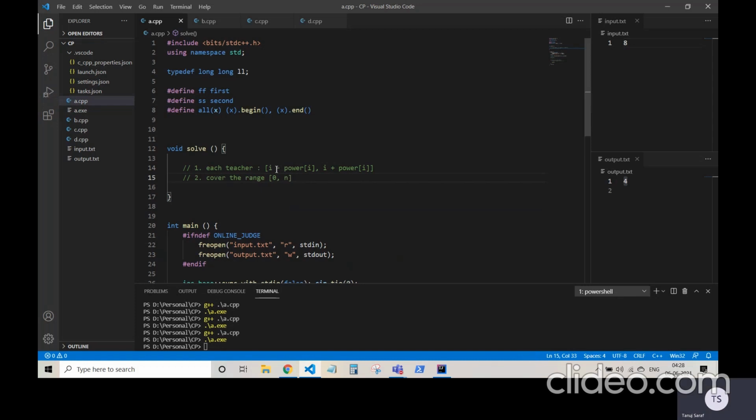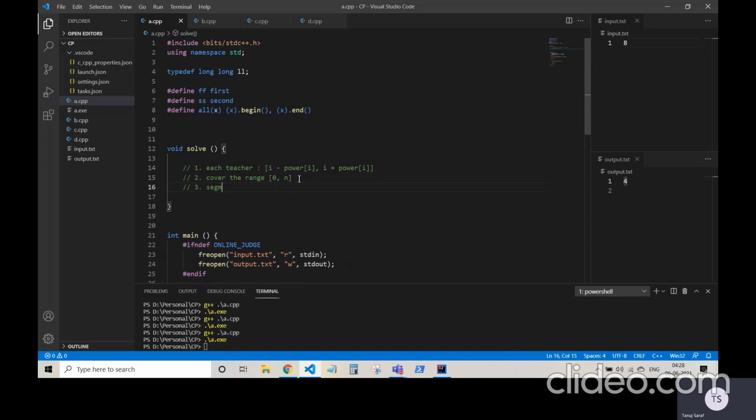So if I minus power I goes beyond 0, if it goes to -1 or -2, we do not care. As long as it covers till 0, we are good. We don't care if it goes beyond 0. And same with I plus power I. If it goes beyond n, to n plus 1 or n plus 2, we do not care about that as well. That's the first thing, right?